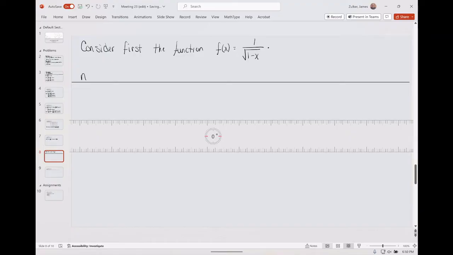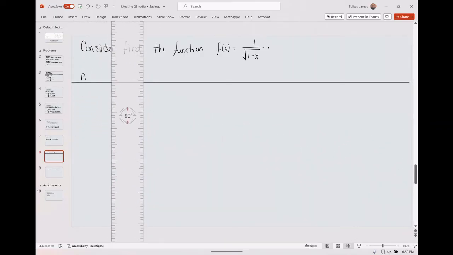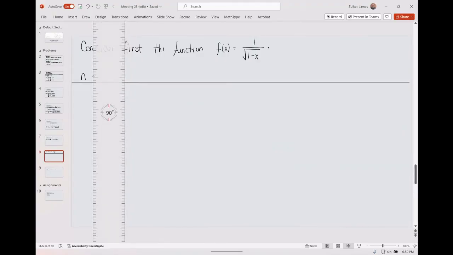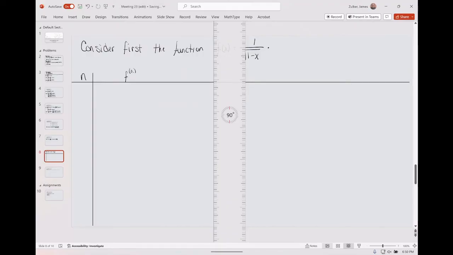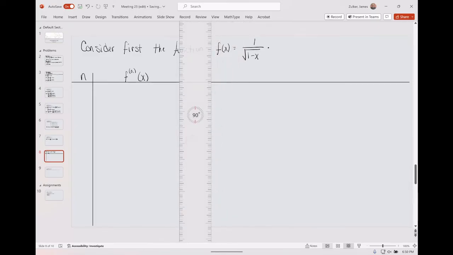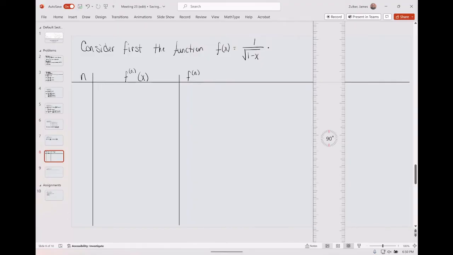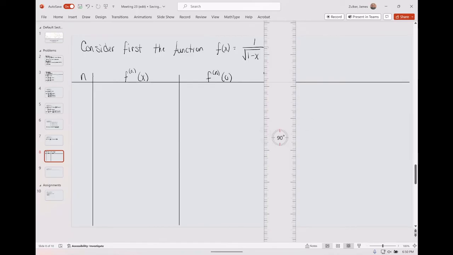I'm going to create a table, and just to represent the derivative we're looking at, a column for what that derivative actually is, and then a column for evaluating it at 0.